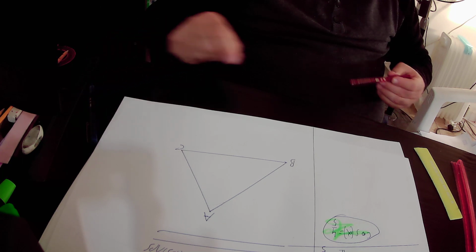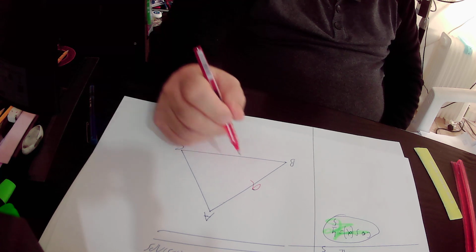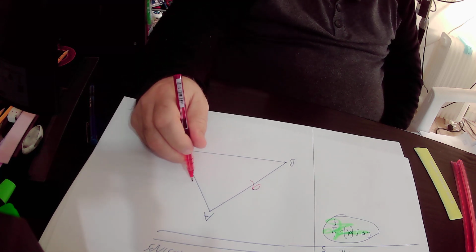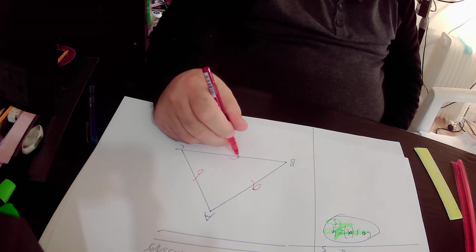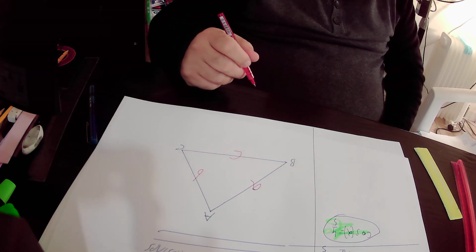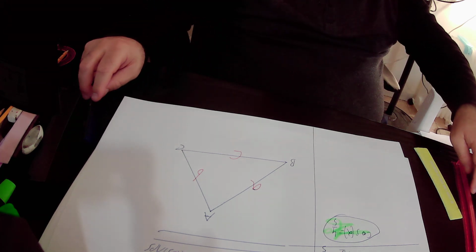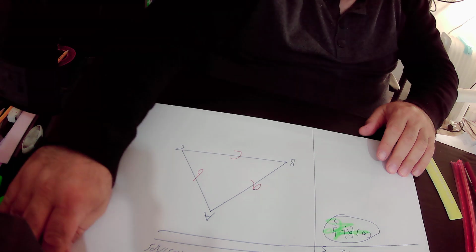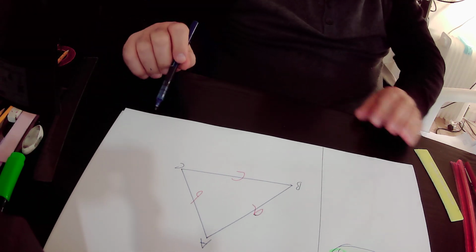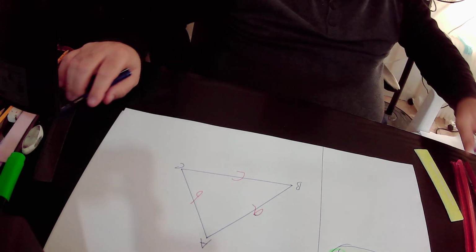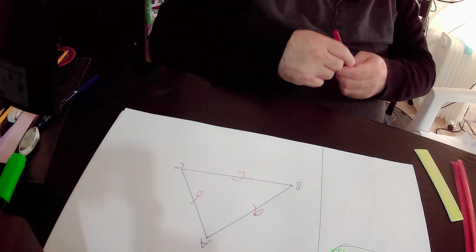And we know that side AB of triangle ABC equals A units in its length, side AC equals B units in its length, and side BC equals C units in its length. Then, we also know that the angle between side AB and side AC is alpha.